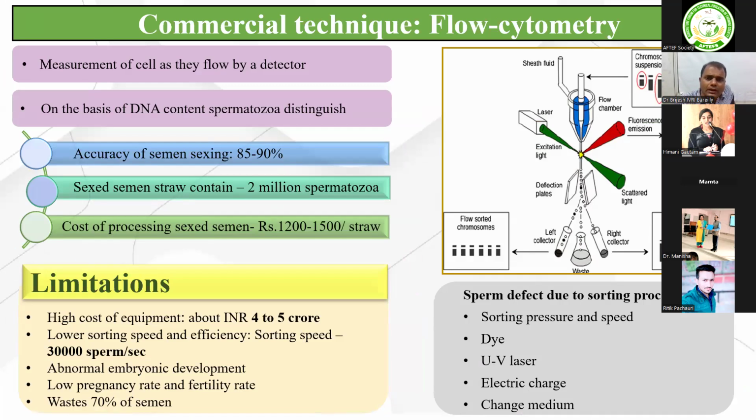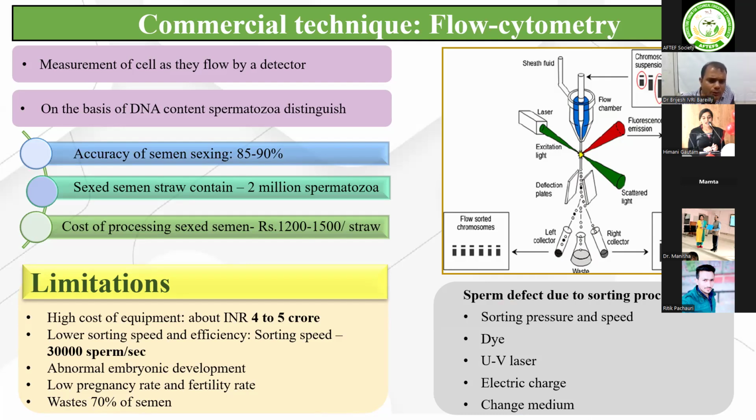And commercially flow cytometry is being used, wherein they are keeping 85 to 90% accuracy of semen sexing, and they are keeping only 2 million spermatozoa. And it is a costly straw. If government subsidy is not there, it costs around 1,200 to 1,500 per straw. And some limitations are there.